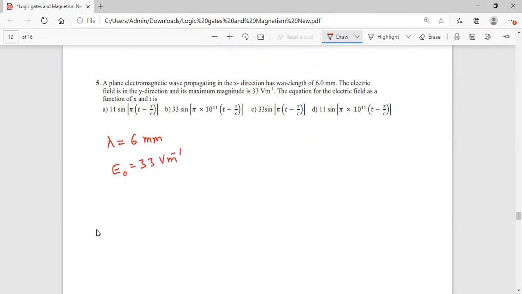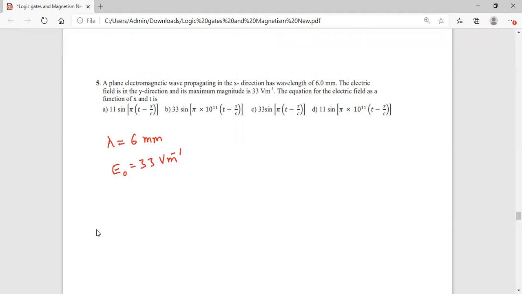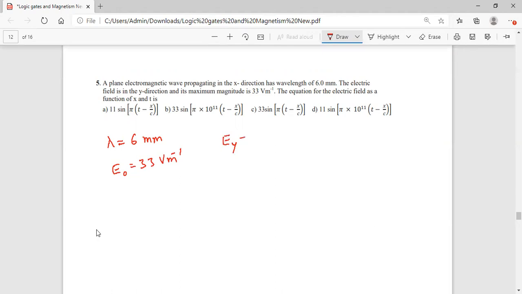And electric field is in the what direction? Y direction. The equation of electric field as a function of x and t is like, now we know that it is in y direction, therefore Ey. Ey is equal to what?